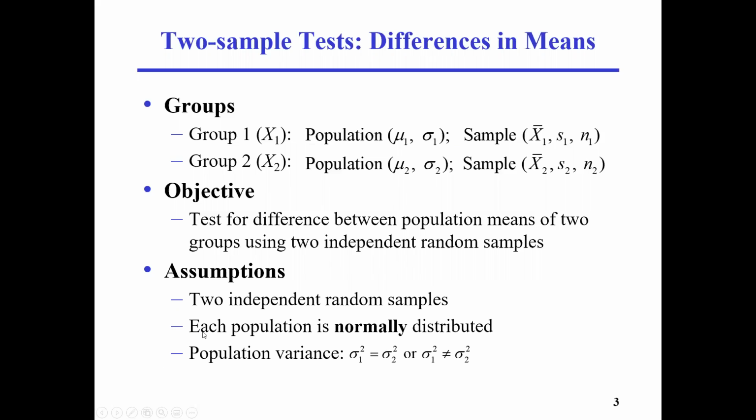We also need to assume that each population, or each group here, follows a normal distribution. If we know population variances for these two groups, then good. If we don't know population variances, we need to assume that they are equal to each other or not equal to each other. The assumption on population variances is very important; we'll say that later.